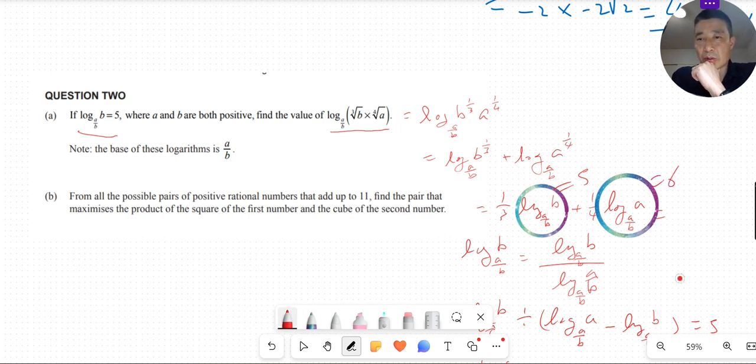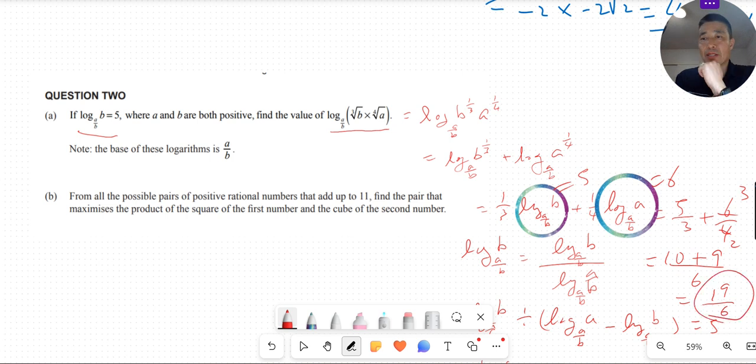So what is it? 1/3 times 5, so 5 over 3 plus 6 over 4, which is 3 over 2, which is 10 plus 9. So the answer must be 19 over 6. Alright, that was question A.